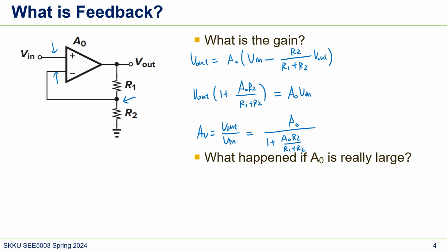If A0 is really large, then AV would be 1 plus R2 over R1. So this is kind of a basic thing. That's how we use this amplifier to amplify V in to V out by this ratio. So this is one type of feedback.